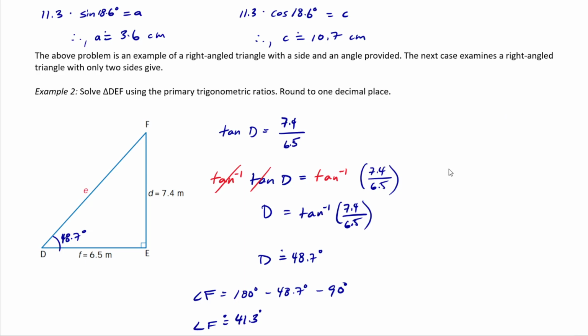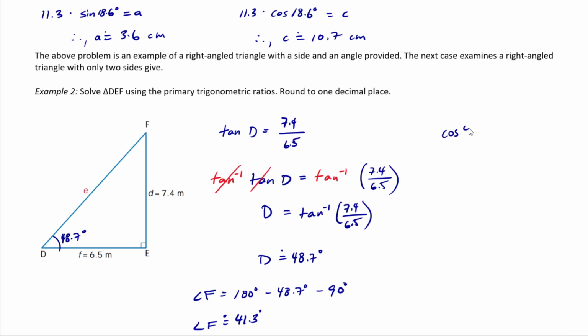Finally, I'm going to solve for side E. In order to solve for side E, I'm going to use the cosine ratio for 48.7.